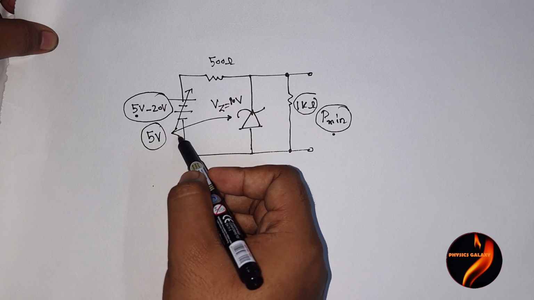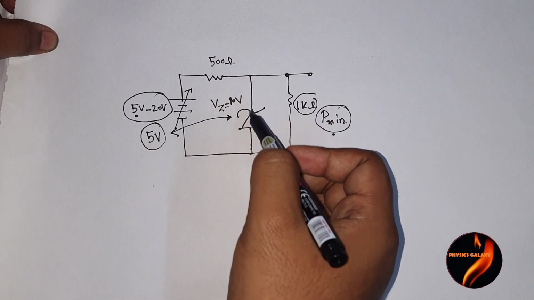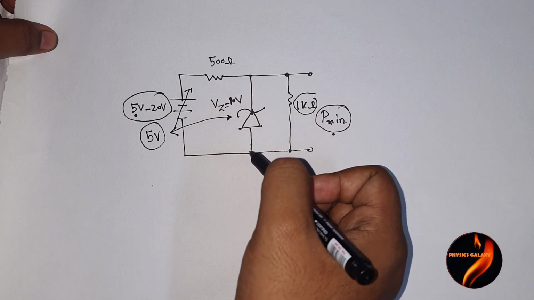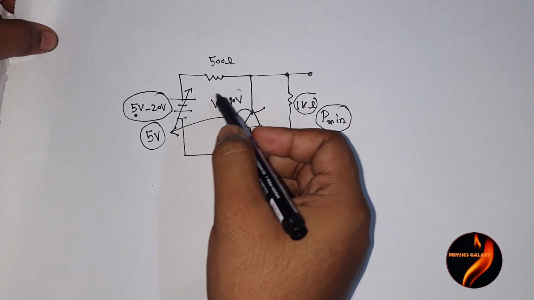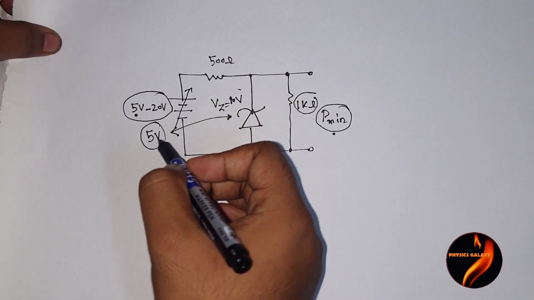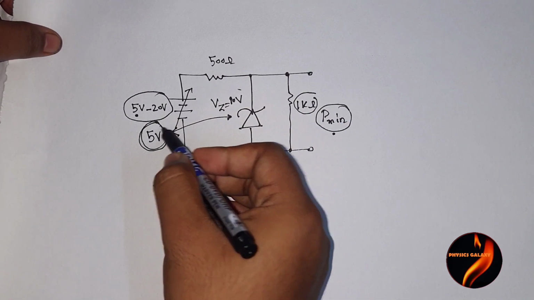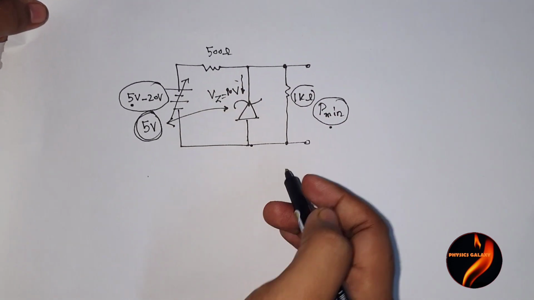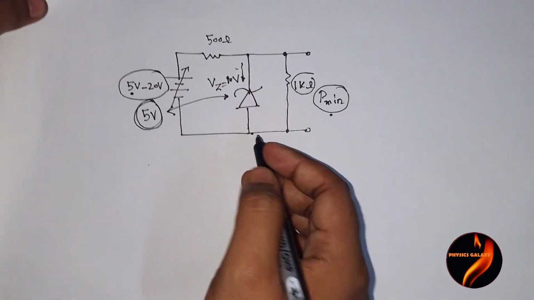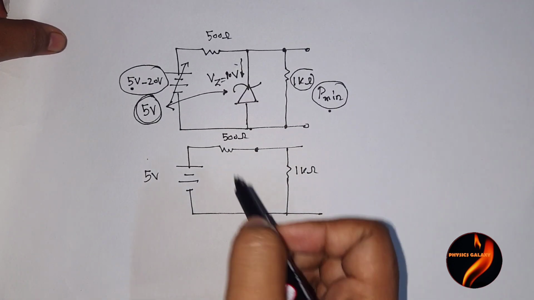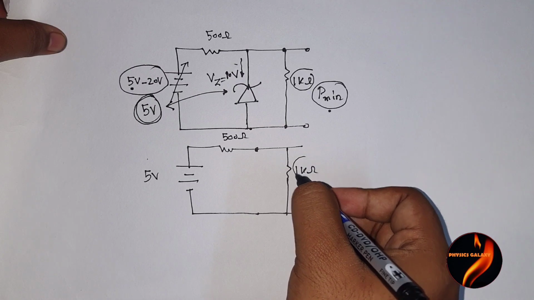In this condition, no current passes through the Zener diode. We know that to pass current through a Zener diode, we need more voltage than its Zener voltage. So for minimum power dissipation, no current passes through the Zener diode. Let us modify this diagram for minimum power dissipation. This is the modified circuit for minimum power dissipation across this load.